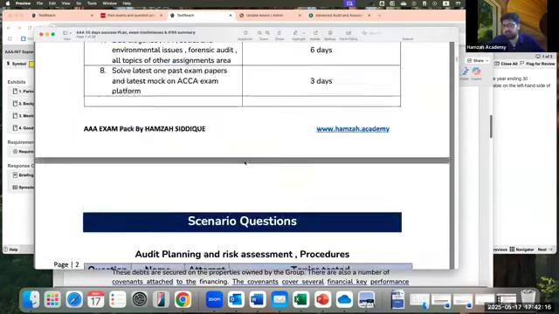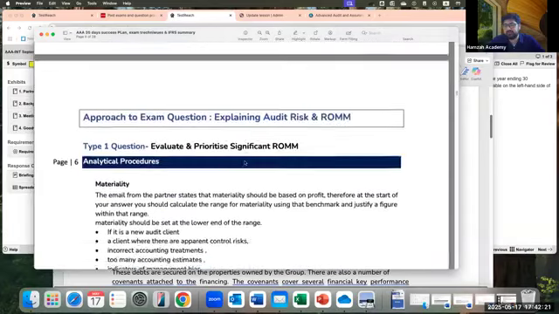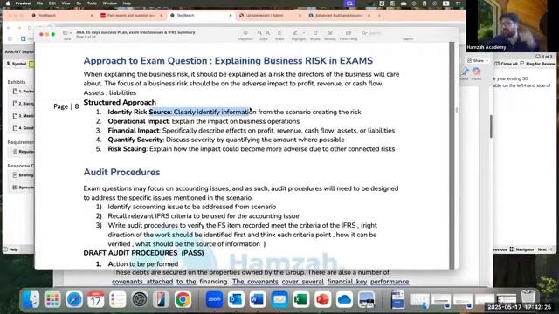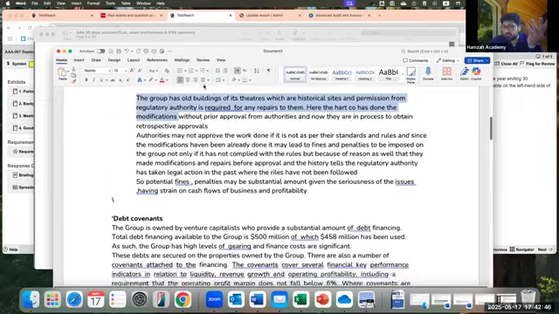Here it is. Business risk. Writing the answer, just compare your answer with it. Identify risk source, information from scenario. Impact on operations, penalties. Financial impact. We discuss severity because the matter is, okay. So we cannot scale it here. We cannot quantify, but we said it is a serious issue.